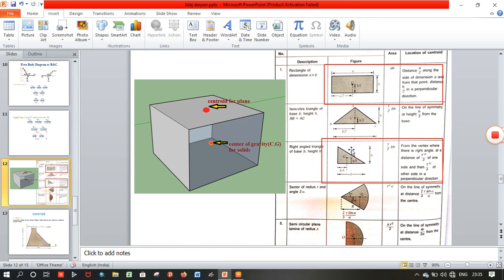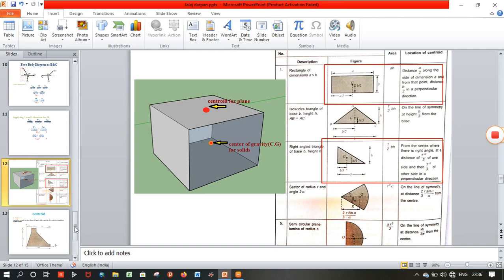So if the shorter side is h by 3, then the longer side from here to here will become 2h by 3 by deducting h minus h by 3. For a rectangle, it is simply half of the width or half of the height, so it is a by 2 or b by 2, where b is the height and a is the width.